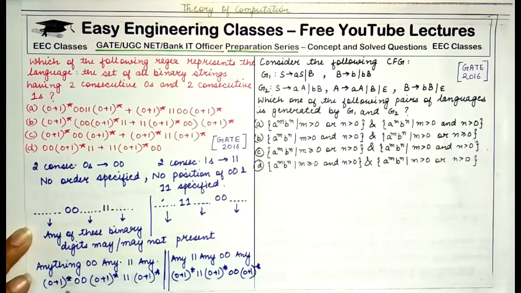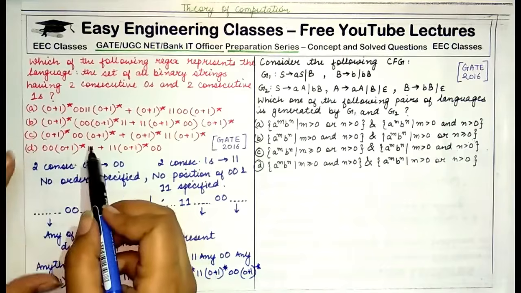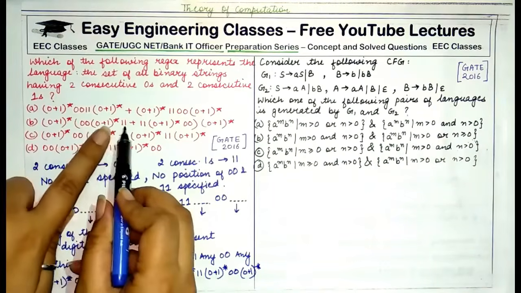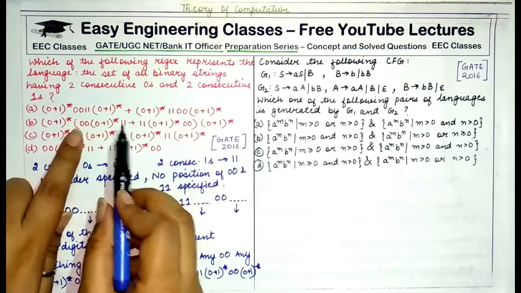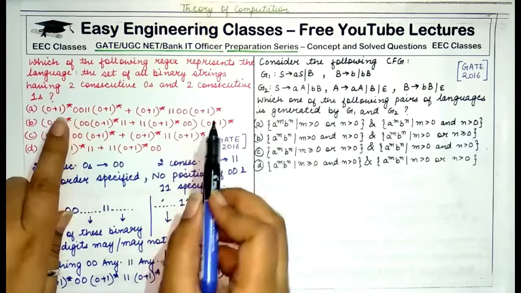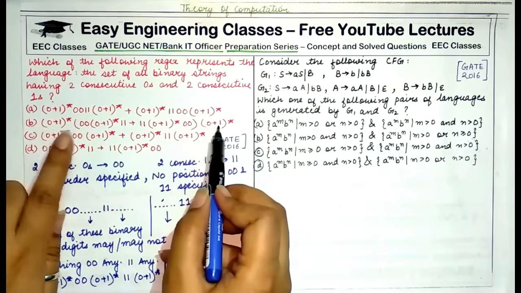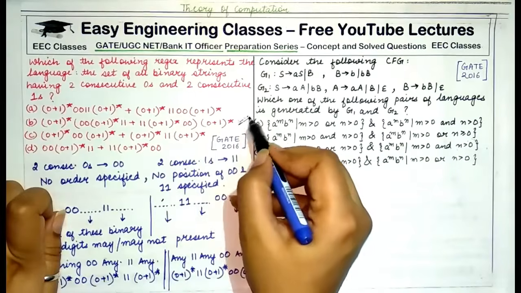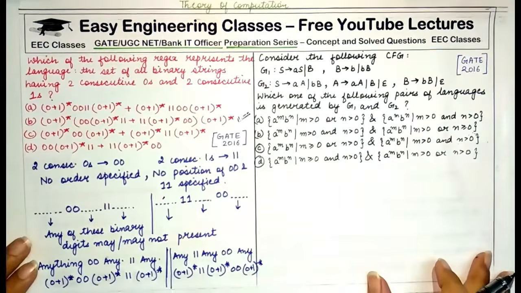So if you take this part common, see in this expression, 00(0+1)*11 and 11(0+1)*00, and take the first and the end part as common, you will end up writing this string. Okay, I'll write it down for you here.